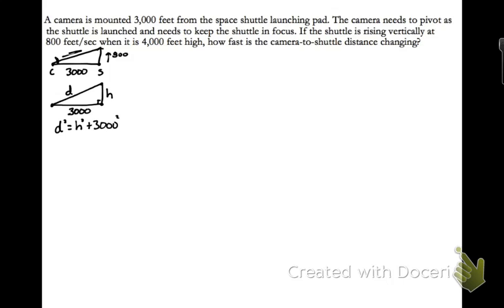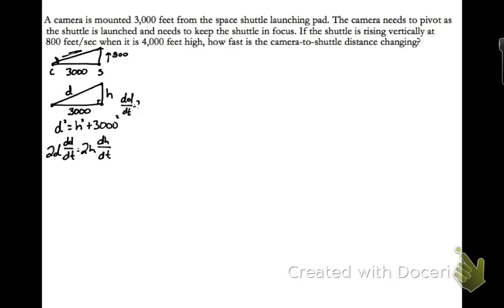And what we want to know, the question ultimately, is what is dD/dt? So to even bring that into the problem, I'll need to take the derivative of this. So 2D dD/dt equals 2H dH/dt plus 0.